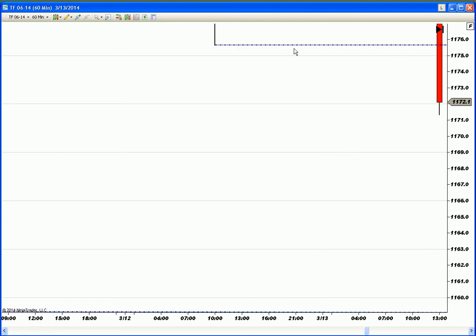But now, this low, having been ignored, has another behavioral attribute associated with it.